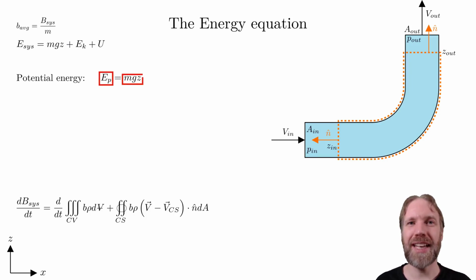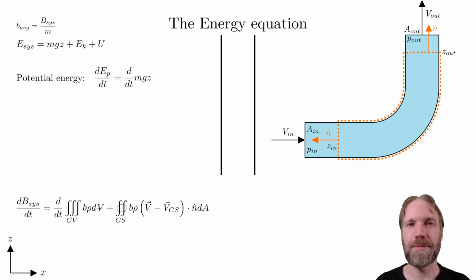Now, we will investigate what happens when we take the time derivative of the potential energy, which is the power. Let us look at the case of a vertical pipe. We add in a control volume with height z and base area A. We can now add some mass particles that travel down through the pipe.